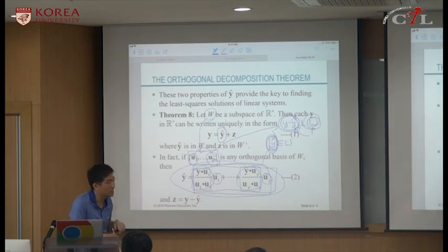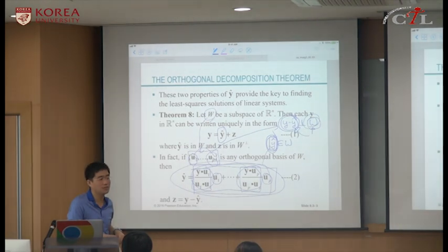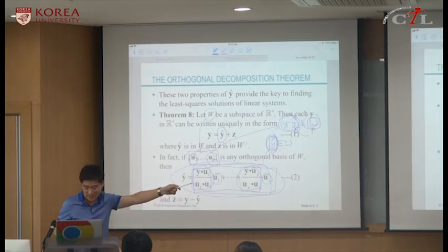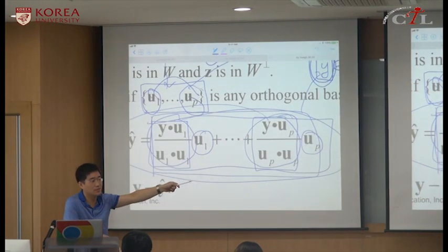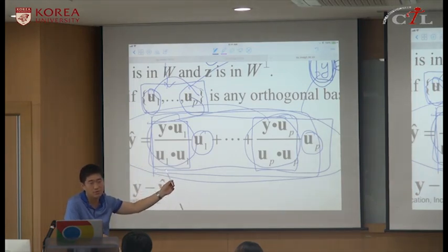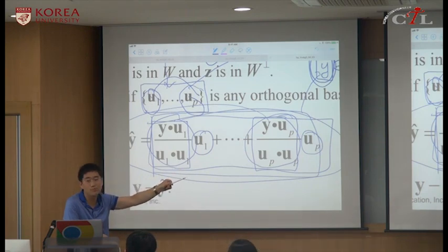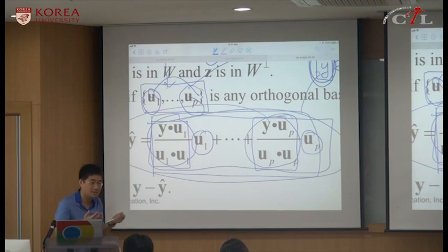This theorem is saying that in terms of existence, the orthogonal projection always exists, and it is always a unique one, because it has this closed form solution. Once you plug in y and u1 through up, which are basis vectors, and obtain that exact formula, that vector is uniquely defined as a single vector.